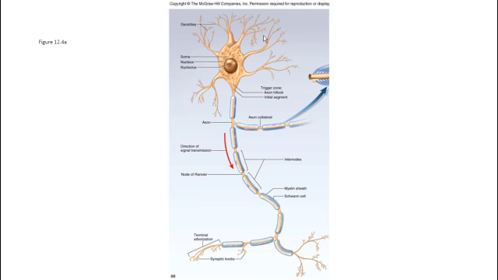Extending away from the body is the axon, and that's coming down here, coming all the way down, kind of splitting a little bit, and then lots of little terminations here. And generally, the axon conducts the nervous impulse away from the body of the nerve. And so you see this big red arrow here.